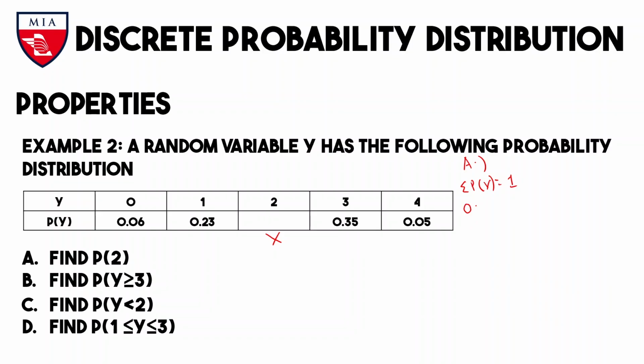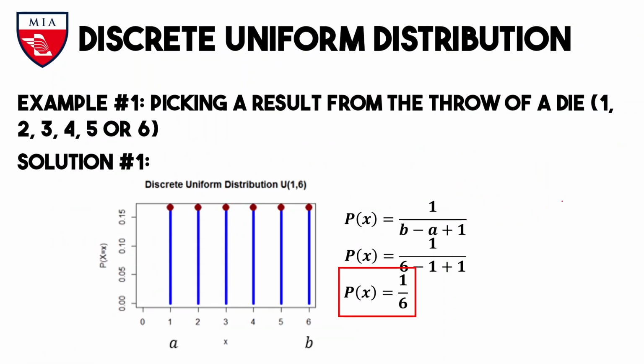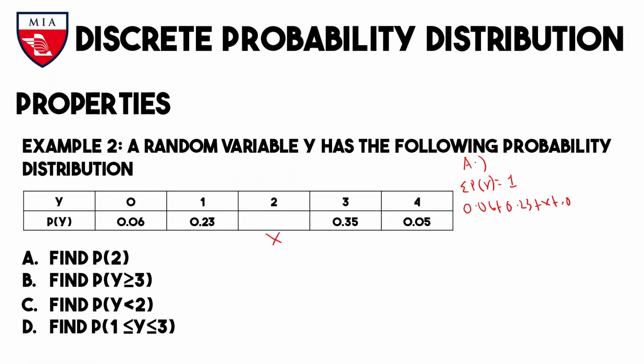So, we have 0.06 plus 0.23 plus x plus 0.35 plus 0.05 equal to 1.